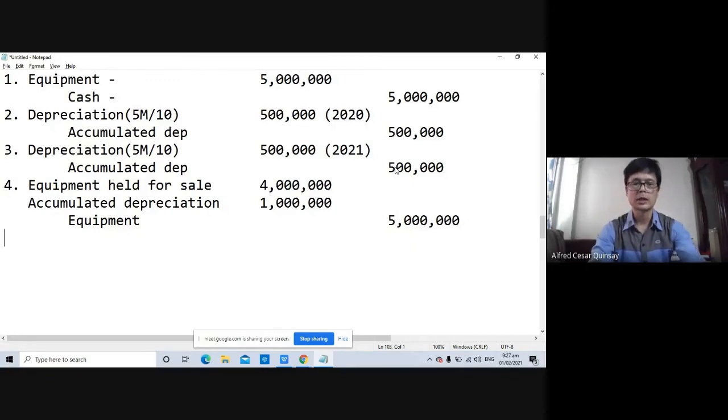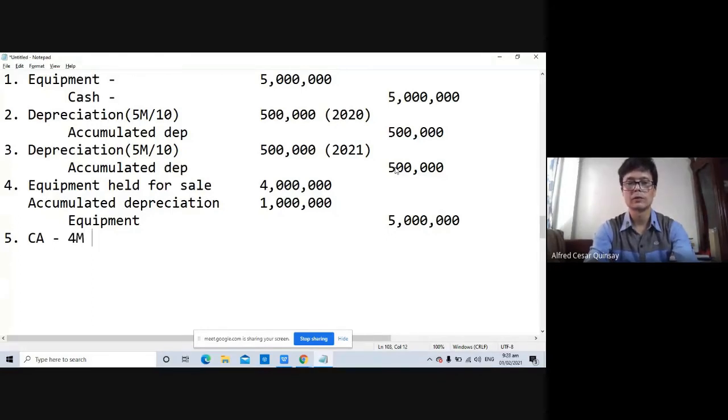Now, sa number 5 naman, to measure the equipment held for sale at lower of cost and disposal. So nakita natin kanina, base doon is yung fair value ng asset, yung new carrying amount natin ngayon. Carrying amount is for M, di ba?